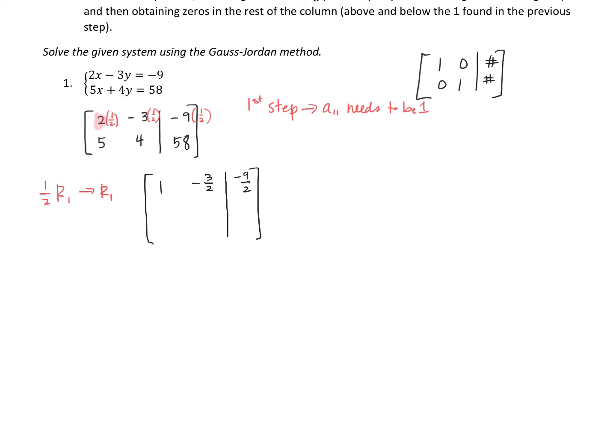Okay, and now we have 5, 4, 58. We didn't do anything to row 2 in that step. All right, now the second step: get zeros under the first one.